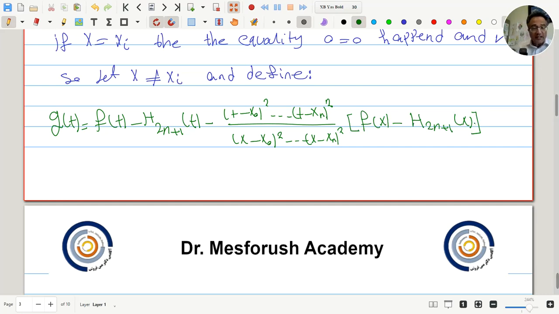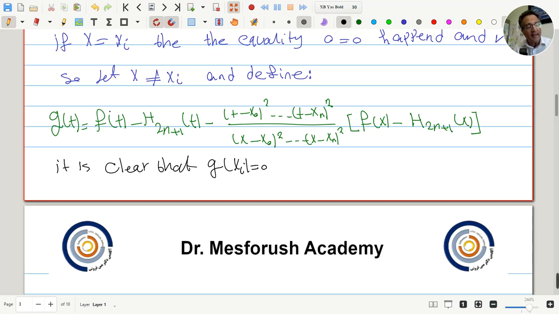It's clear that g of xi is equal to 0. Why is this true? Because if you put xi instead of t, I get f of xi minus h_{2n+1} of xi.